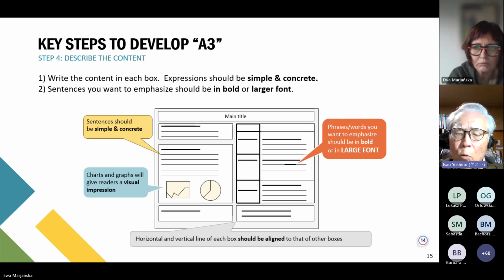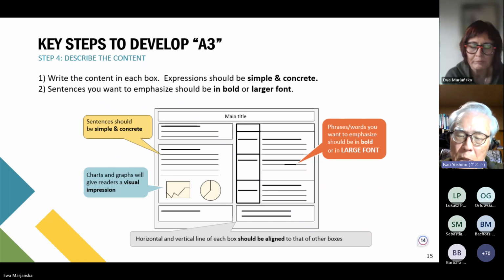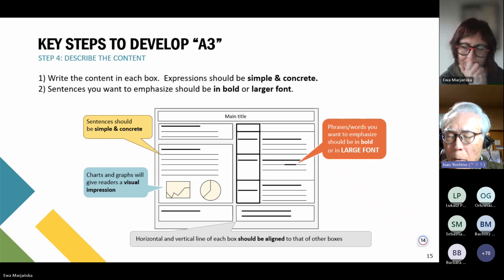So when you talk about large numbers or some data, sometimes you put in a graph to make it a visual image. That data is so important to help them understand very clearly what this person is talking about. So not only sentences, but these graphs are very, very important.